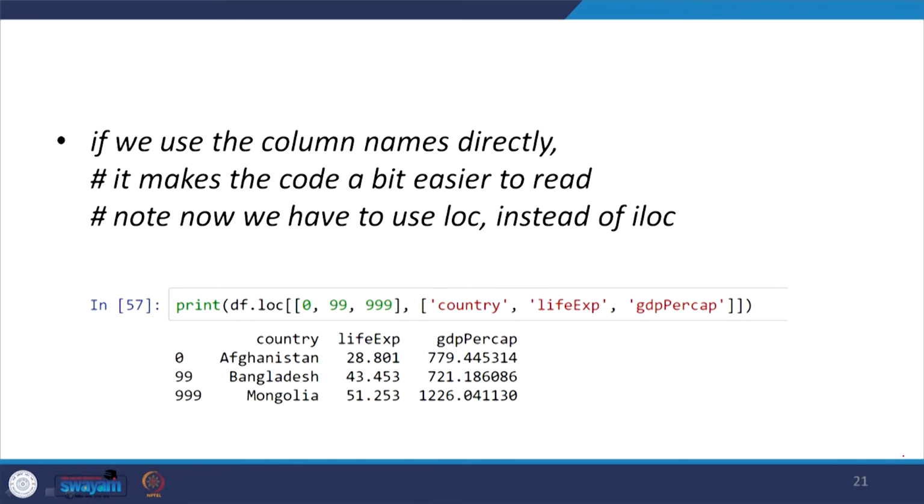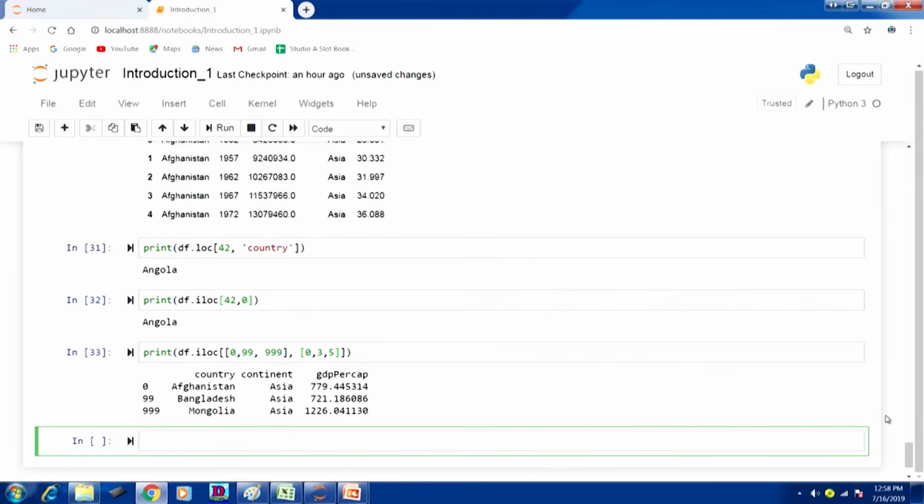There is another way. If we use the column names directly, it makes the code a bit easier to read. Instead of using column numbers, if you use column names, we can easily see what is there. So simply you can type the column name. We will use this command, print df.loc [0, 99, 999], then directly we will type the column names: country, life expectancy, gdp per cap. You see there is a square bracket here. We will see that.